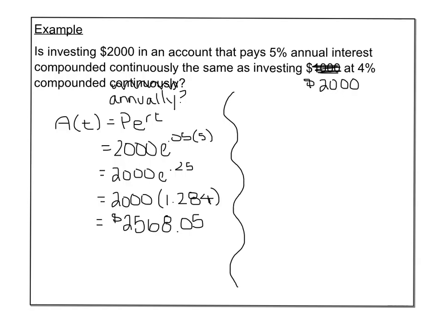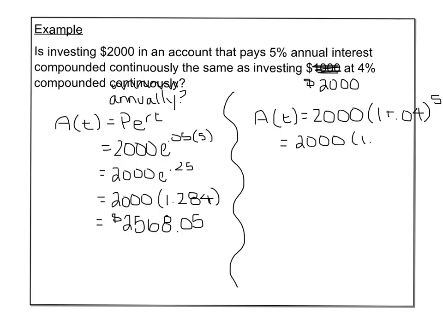Now let's look at the one that's compounded annually. So again, you're going to be depositing $2,000 into the account, so that's my initial amount. Here, since it's compounded annually, I do the 1 plus 0.04, the rate, and then again I want to use the same time, so 5 for 5 years. So you get 1.04 to the 5th.